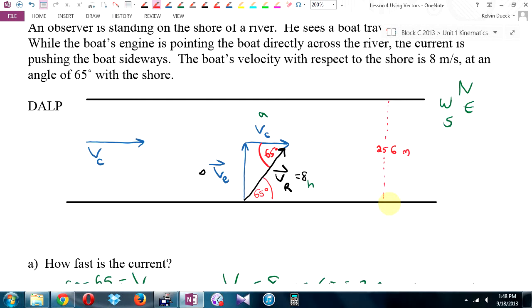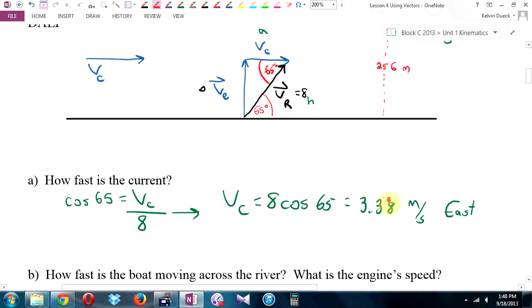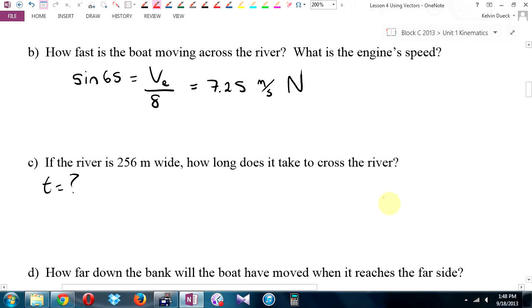In other words, don't you dare use the current, that's not north-south. Don't you dare use this slanty one, that ain't north-south. You know which velocity I'm going to have to use? Engine velocity, which is why I had to walk through those first couple of steps before I could ask you part C. So I know that my distance is 256.